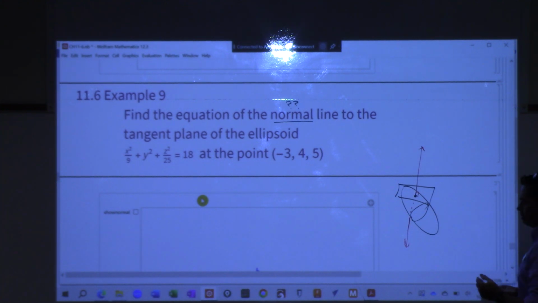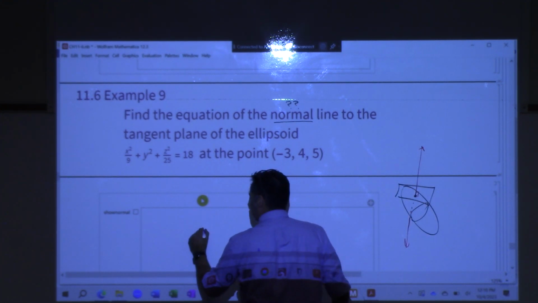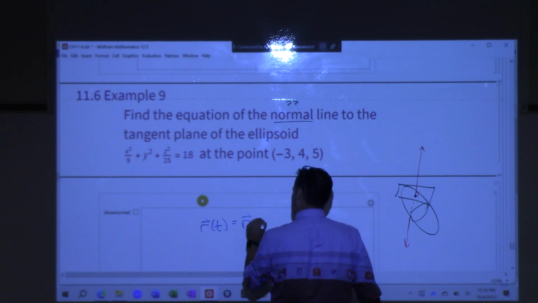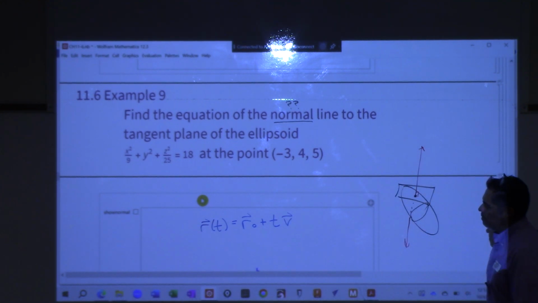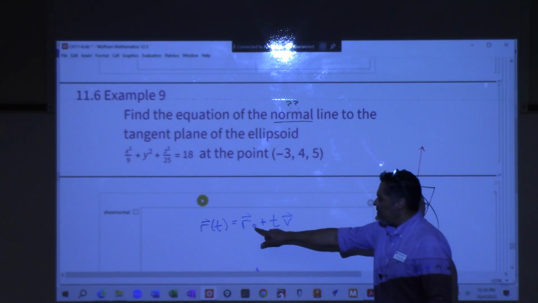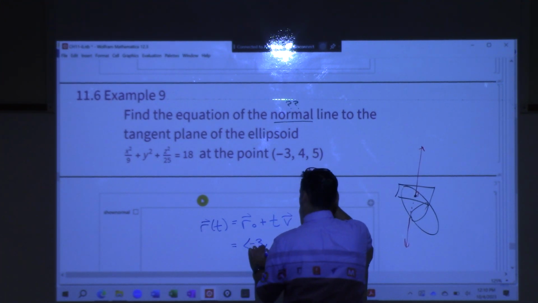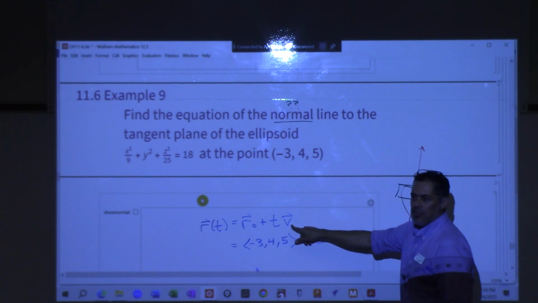Okay, what's your point? I'm using this formula right here. I'm using the vector equation, the generic formula for the line. Like that, right? So do we know or not? Yeah, that's the point, right? We were given that. -3, 4, 5. Plus t times, do we have a direction vector?